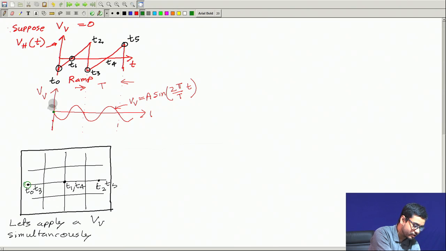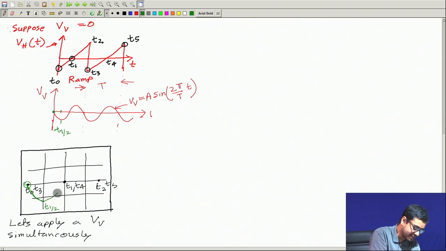So, here call it t half. At this time, this is t half. The electron beam will come here like this. This is t half. Then after that, it will go further towards the right, because this is increasing, and it will go up because this voltage is now increasing.